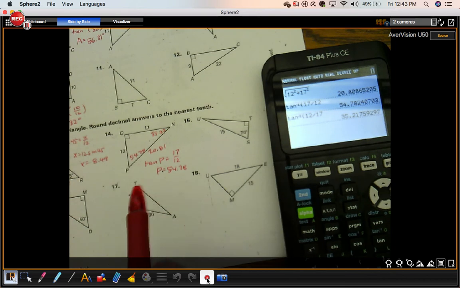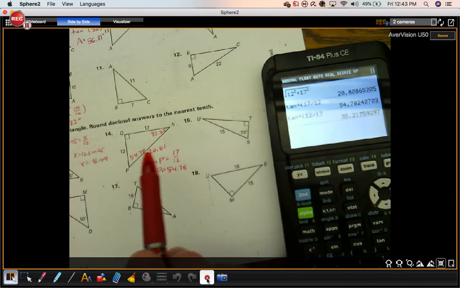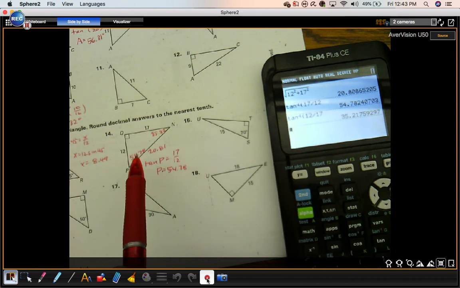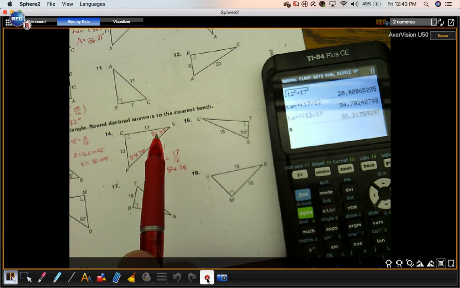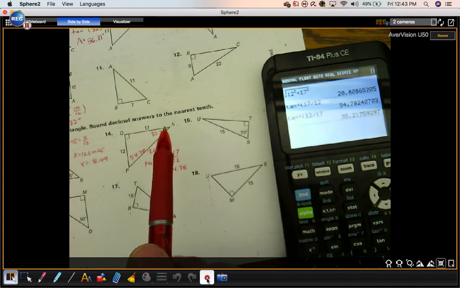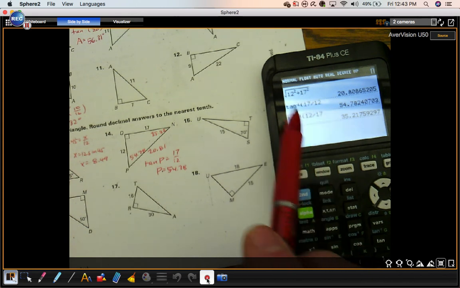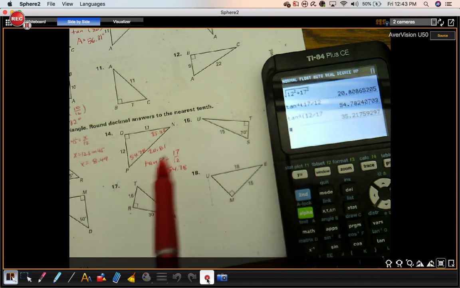So that's using the math from this section to get the answer. I didn't have to do this. I could have done 90 minus that to get this same number, right? 180 degrees in a triangle, so these two acutes have to add up to 90. You could have done that instead. You don't have to use all the math that we learned in this section to do these. You can use anything you want.